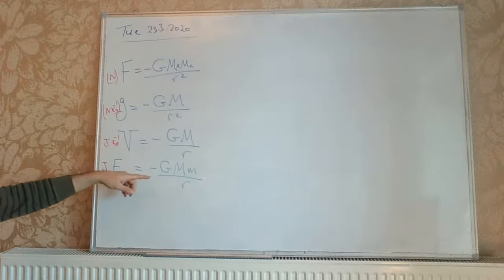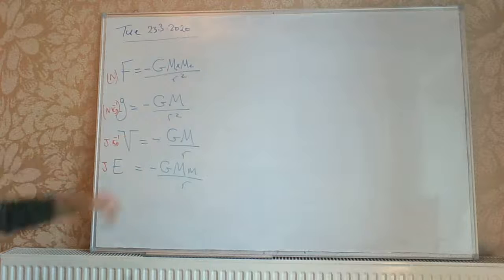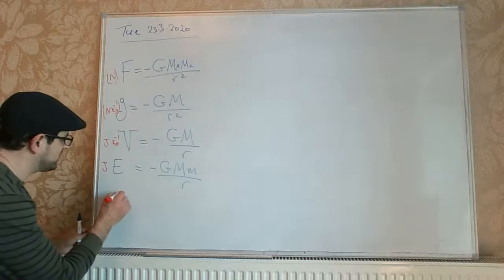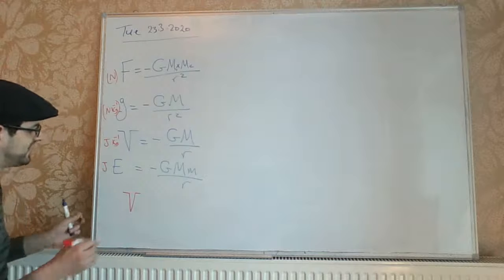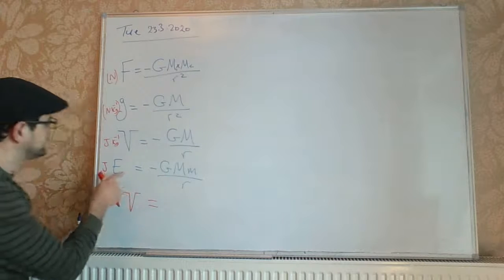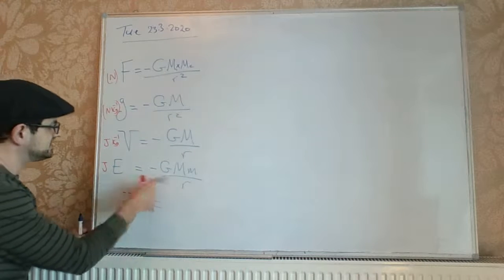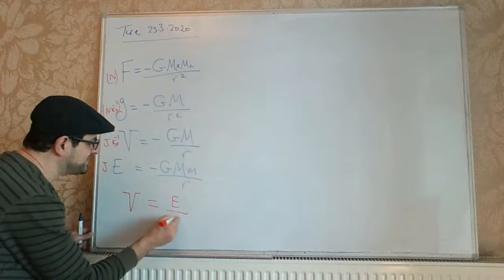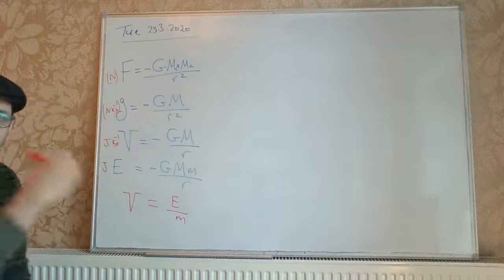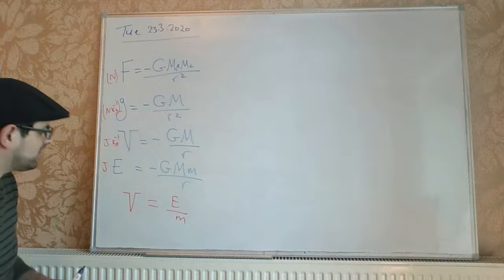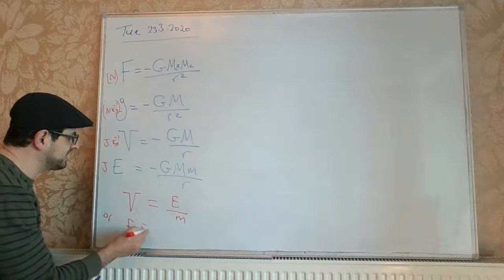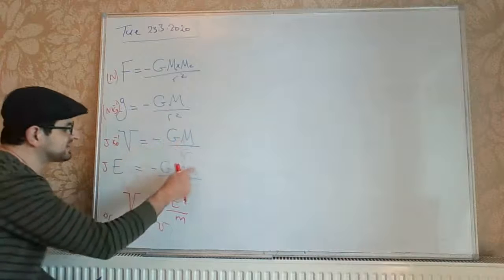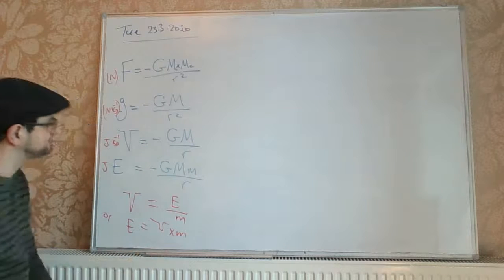If you know the voltage and you want to find the energy, the voltage is just the energy divided by mass. Right? We wrote that the first time. Or if you want the opposite, when you have the voltage, just multiply by the mass, because this is the missing part.